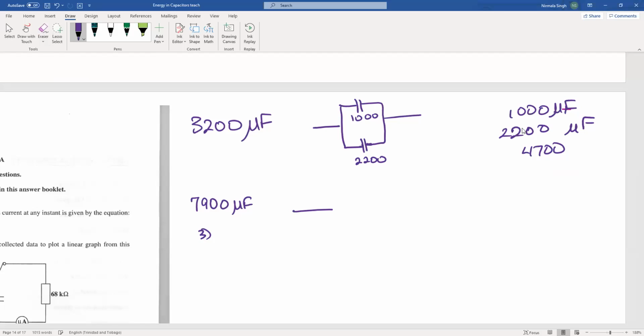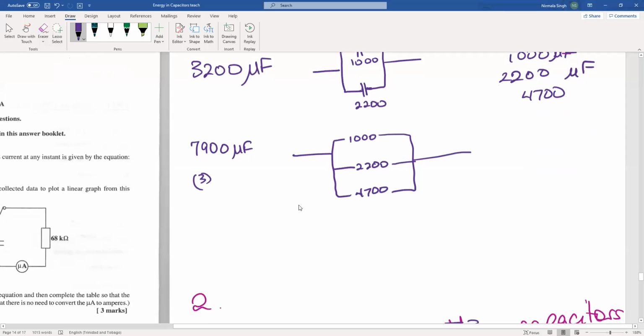Hint, we're using three capacitors. Three in parallel. We will use the three of them in parallel. So we'll have the 1000, we'll have the 2200, we'll have the 4700. All right, so that is for that one.